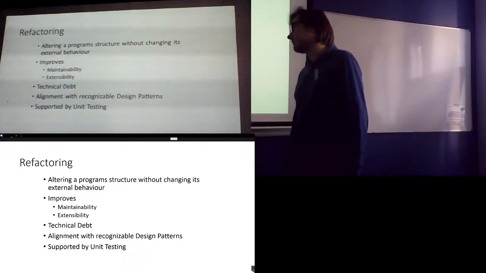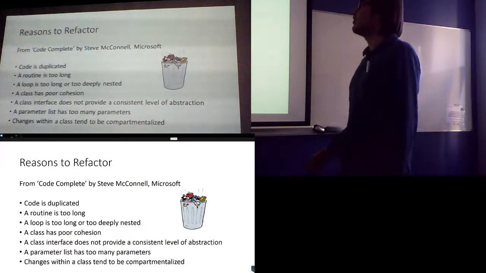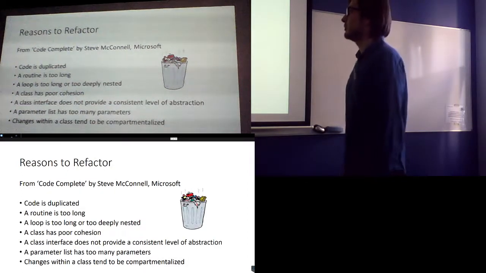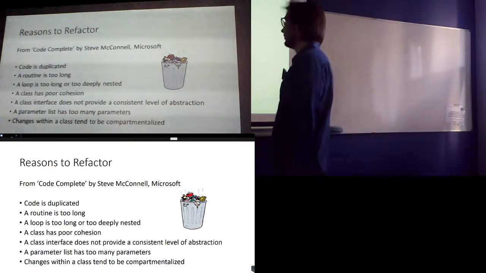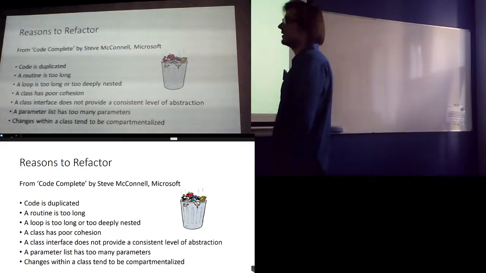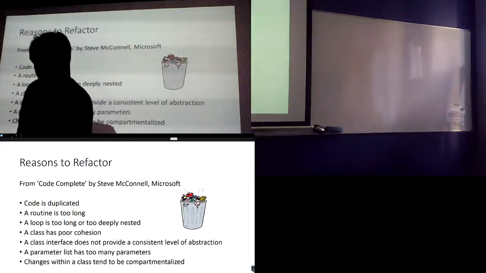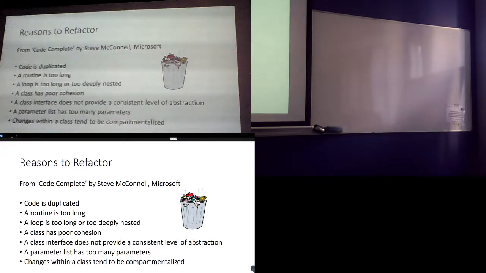And basically you want to support that. We can go through some of the reasons to refactor, to improve your code from already working to working in the same way, but clearer and better. These are some of the issues people usually have when they create code. Code is duplicated multiple times, the routines are quite long, the loops are long and deeply nested, the classes have poor cohesion, so it's spread across many different types.